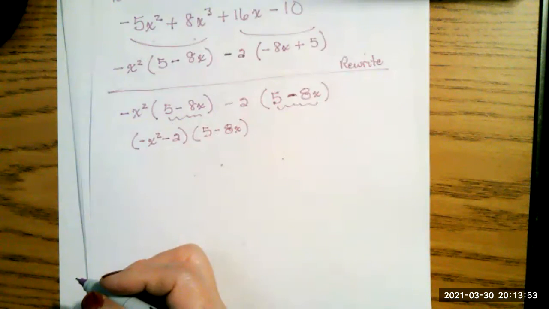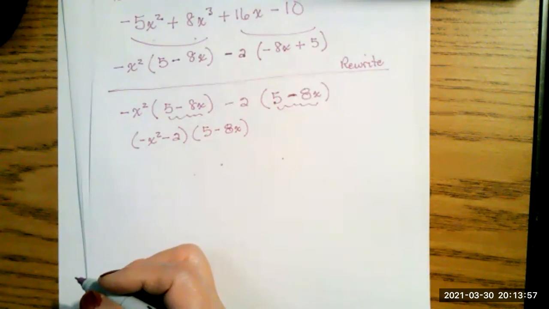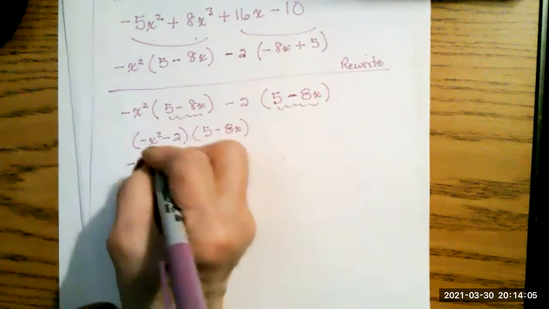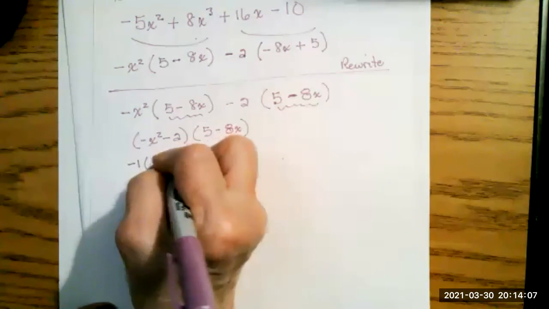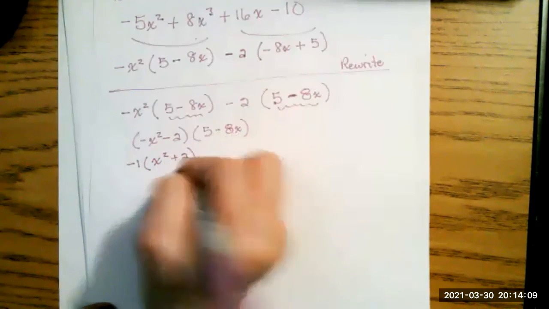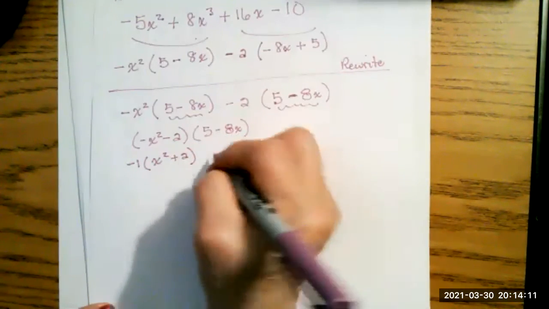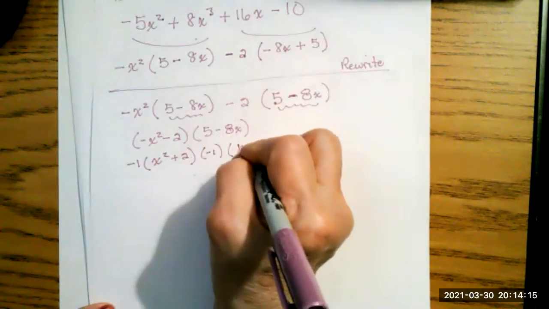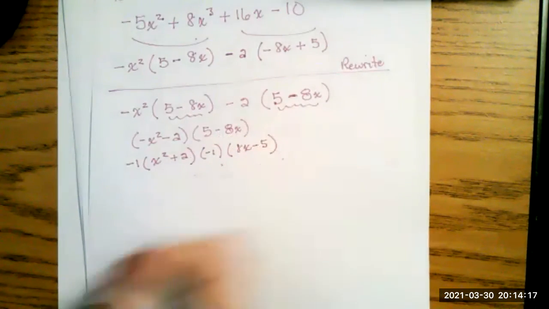Now, that is a good answer, so they should count it. But because it has all of those negatives in there, the author took out a -1 out of this one and made it x squared plus 2. And he took out a -1 out of this one and made it 8x minus 5. Isn't that crazy?